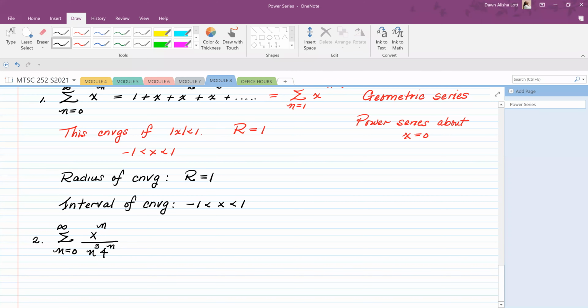Just in case you don't see it, c_n in this problem is 1 over, oh, this one has to start at 1. This one can't start at 0. It has to start at 1. So this is n cubed 4 to the n.